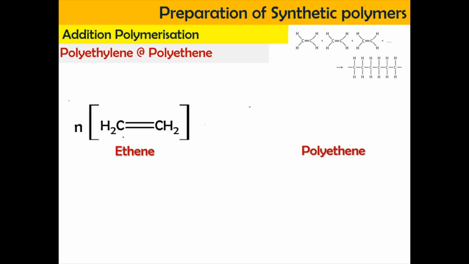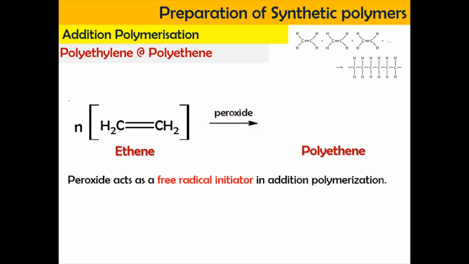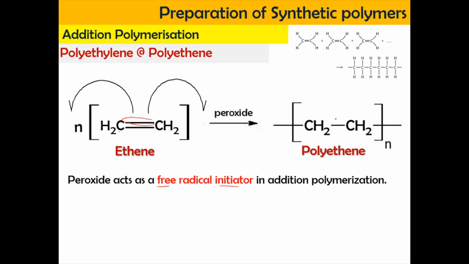So ethene is gonna have a structure of CH2 and CH2, and it's gonna react together in order to produce polyethylene in the presence of peroxide, where the peroxide is gonna act as a free radical initiator, in which it's gonna break up the carbon-carbon double bond, and this is gonna bring one electron on the right hand side and another one electron on the left hand side, and this will join one ethene molecule with another, and this is gonna produce a polyethene here, and this is gonna be labeled as N.